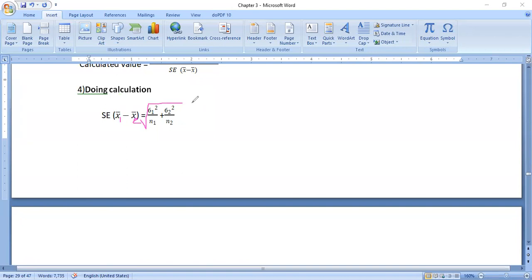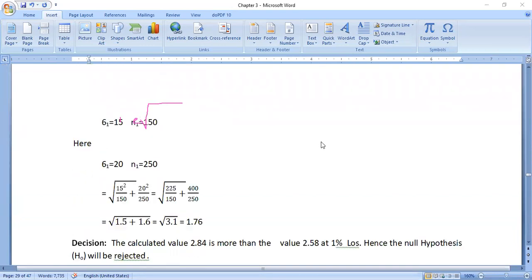Once the formulas are written, observe the question: the standard deviation 1 is given clearly, that is 15, and N1 is equal to 150. Then standard deviation 2 is equal to 20, and N2 is equal to 250.